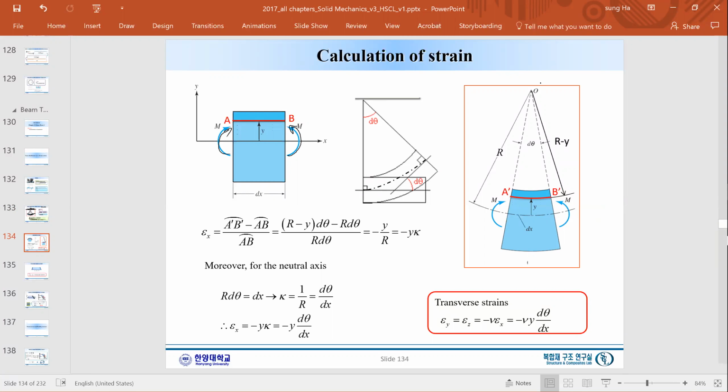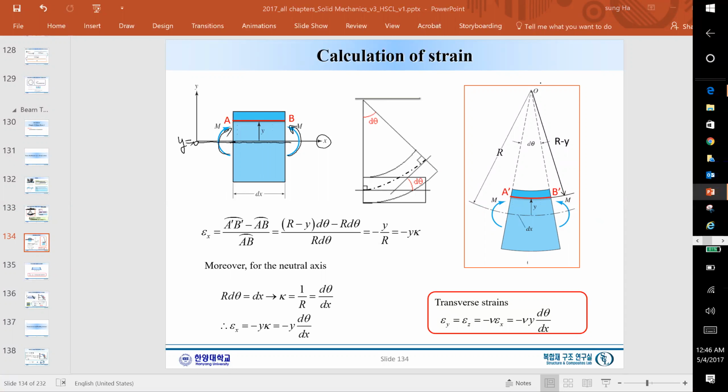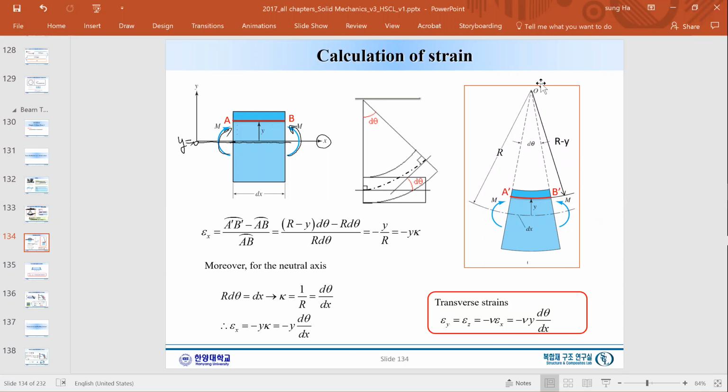Now, here is the x-axis, which means that in some position here, this line is y equals 0. This position is very important, which is called the neutral axis. We will decide where this axis exists.